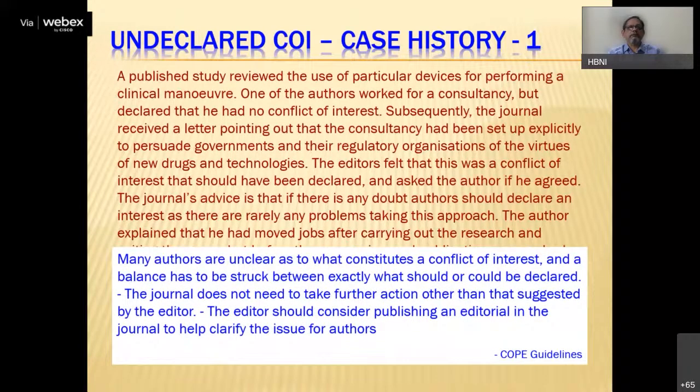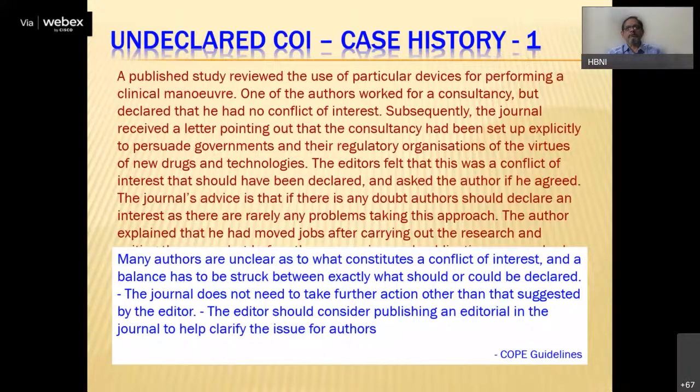In this case, I think the issue is that many authors are rather unclear as to what constitutes a conflict of interest. So there has to be some balance between exactly what should be declared and what could be declared. In this particular case, of course, the journal does not need to take any further action other than what was suggested by the editor.